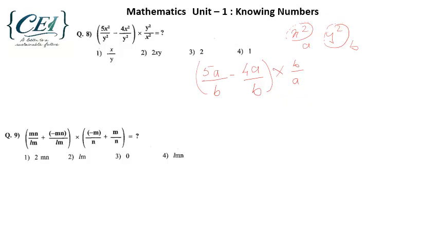Correct? So denominator is same? Yes. So 5a minus 4a. 5a minus 4a means how much? A. Correct? 5 minus 4, 1. A. A upon b. Correct? Into b upon a. That is equal to b get cancelled, a get cancelled. Answer is 1. Correct? So answer is 1.